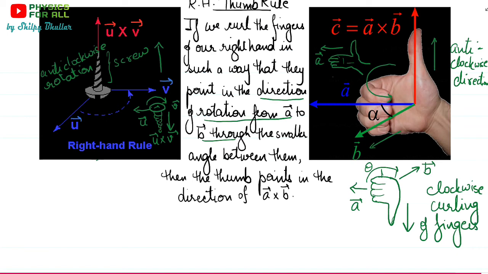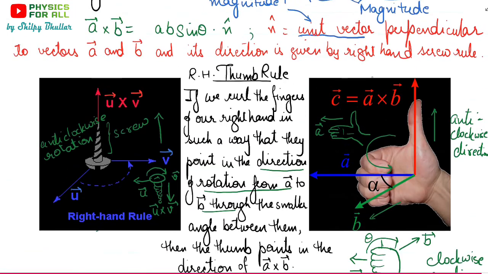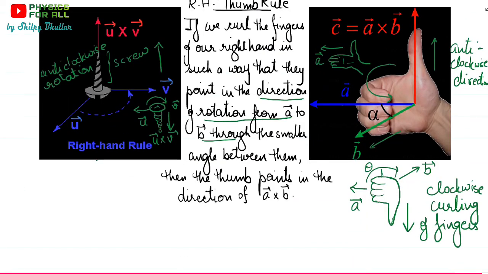So whenever we talk of rotation in anti-clockwise direction, the advancement of the screw or the direction of the thumb is always upwards. And when we talk of rotation in clockwise direction, or curling of fingers in clockwise direction, and that too of the right hand, then the resulting vector would point in the downward direction.